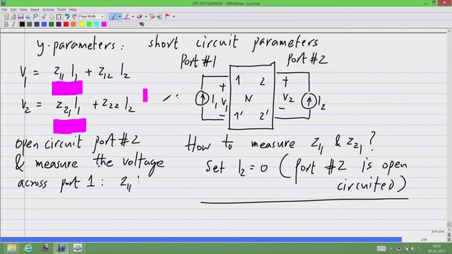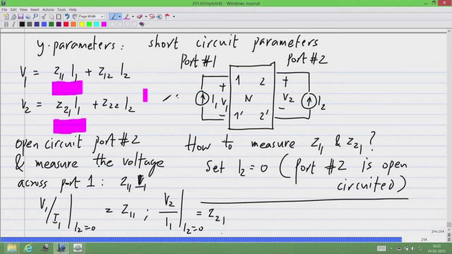That will be Z11 I1. Okay. So V1 by I1 with I2 equal to 0 is Z11. Okay. Similarly, V2 by I1 with I2 equal to 0 is Z21.